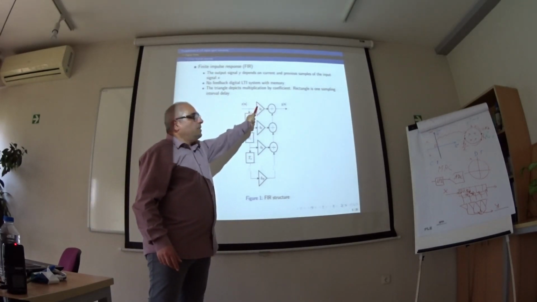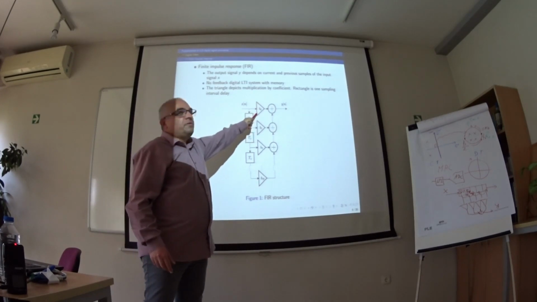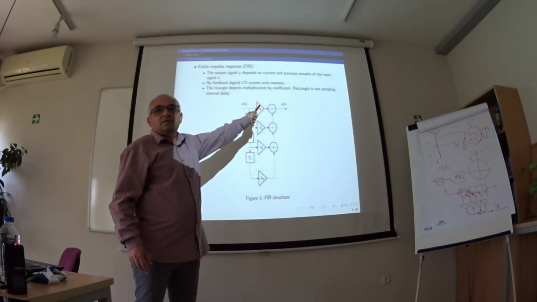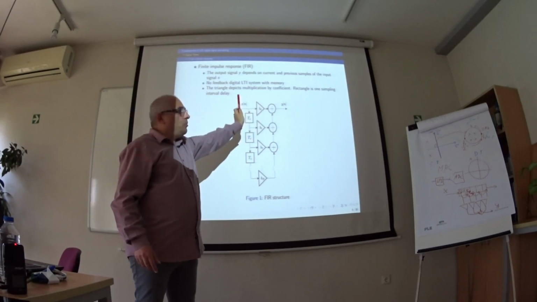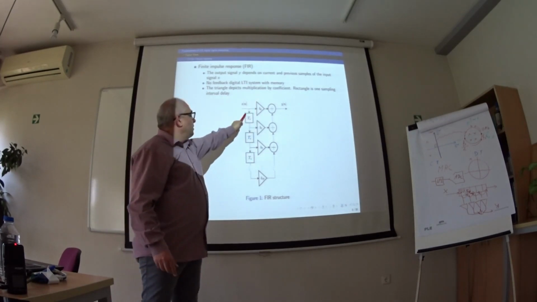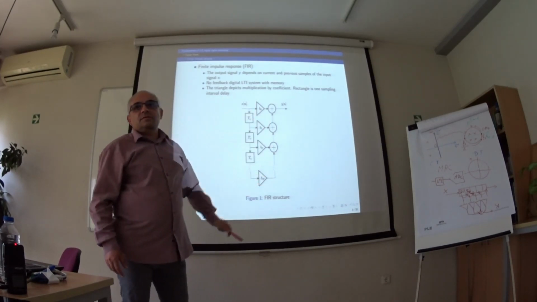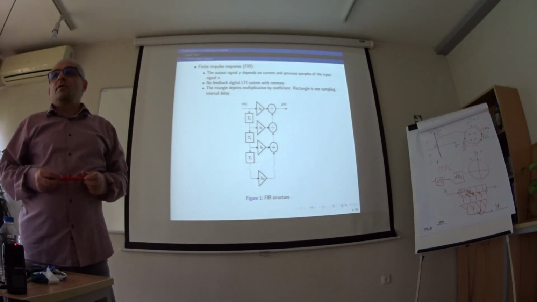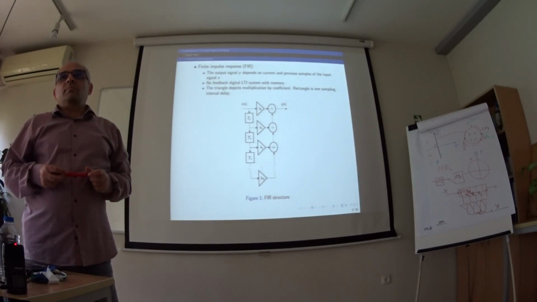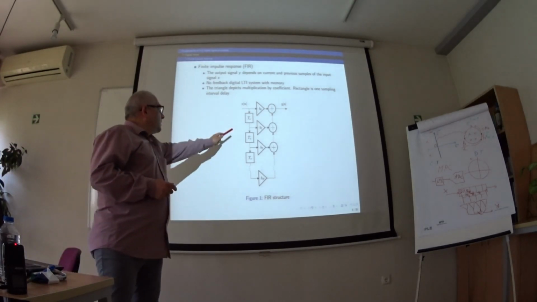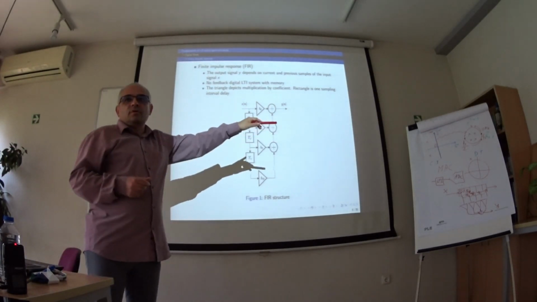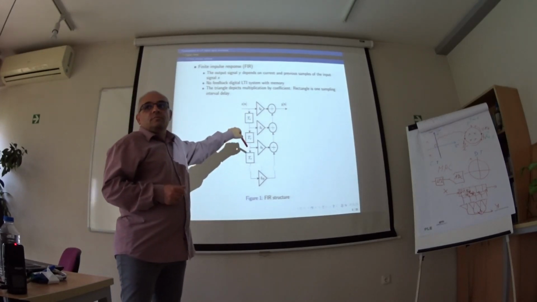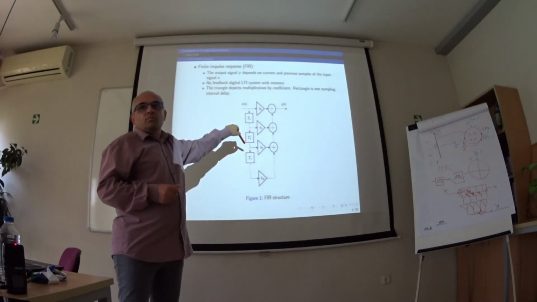This can be done by an operational amplifier. It just amplifies the signal. No problem up to here. How to realize the delays in analog domain? It's not impossible, it is possible, but you can't match exactly the same delay between each tap.